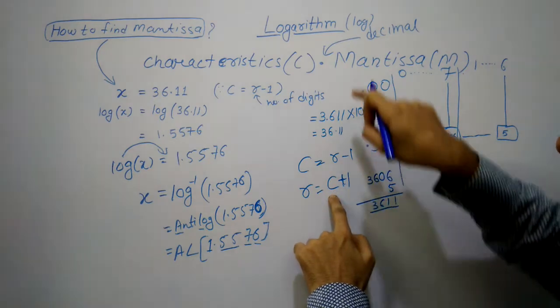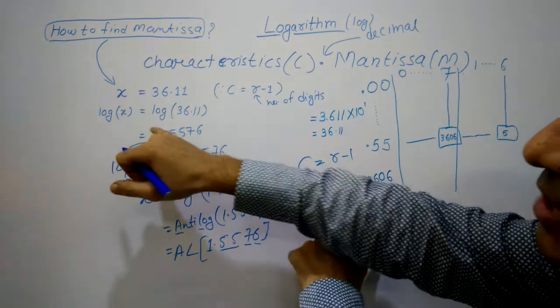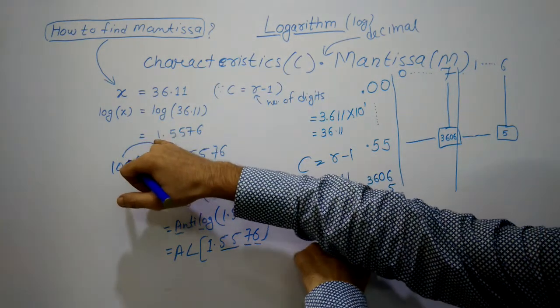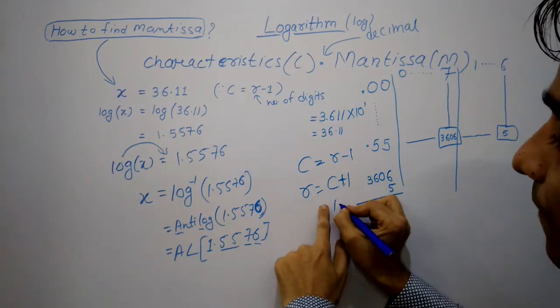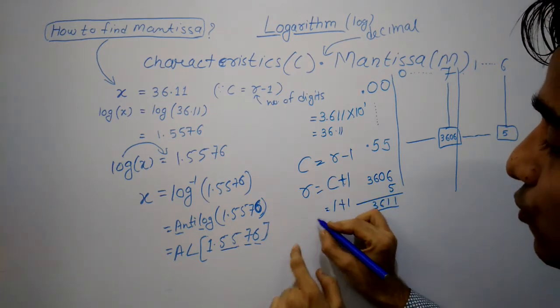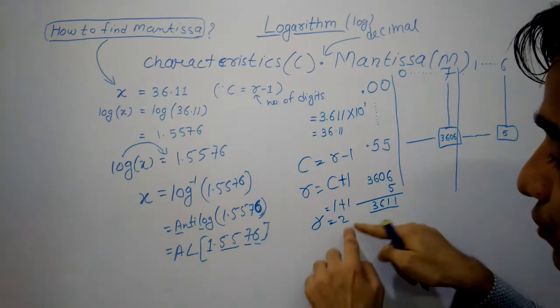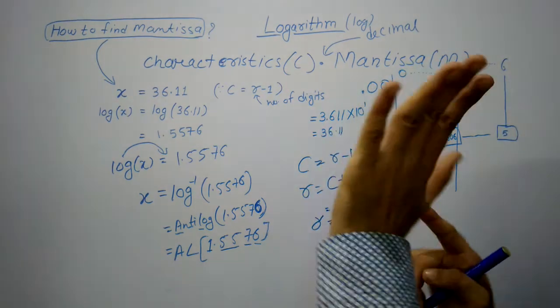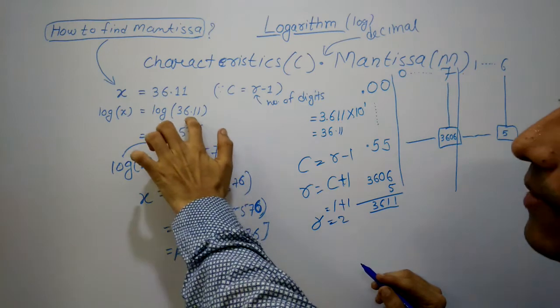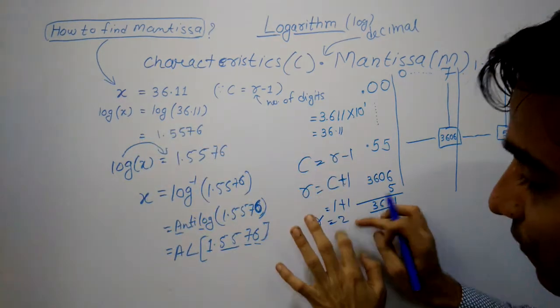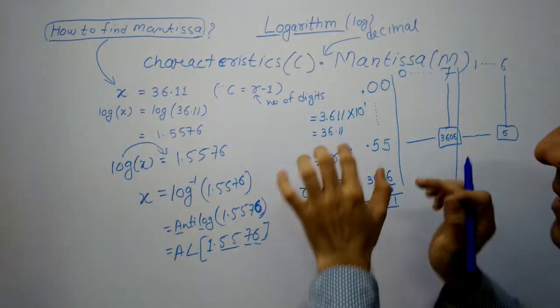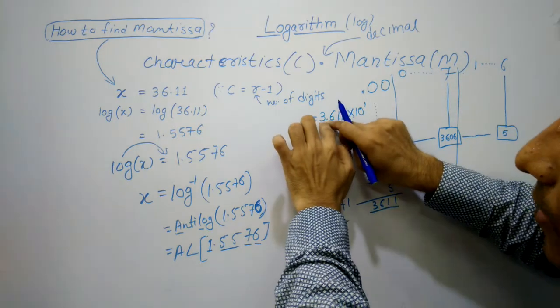c is the characteristic part. So how much is the characteristic here? It was 1. So 1 plus 1 is 2. So R is equal to 2. This 2 is our total number of digits present before the decimal. To equalize the total answer, I put the decimal here.